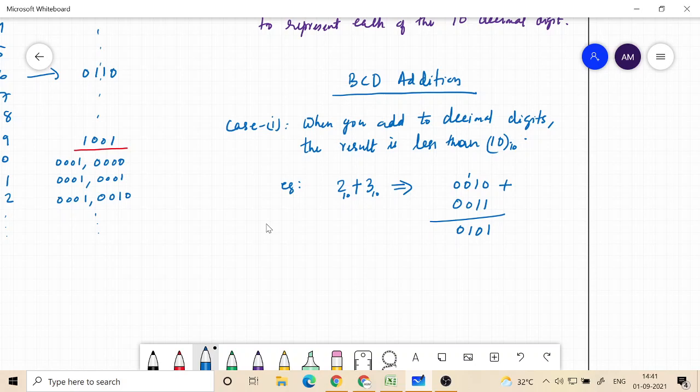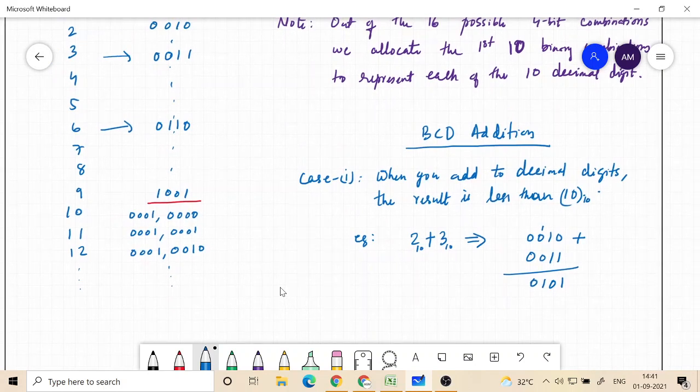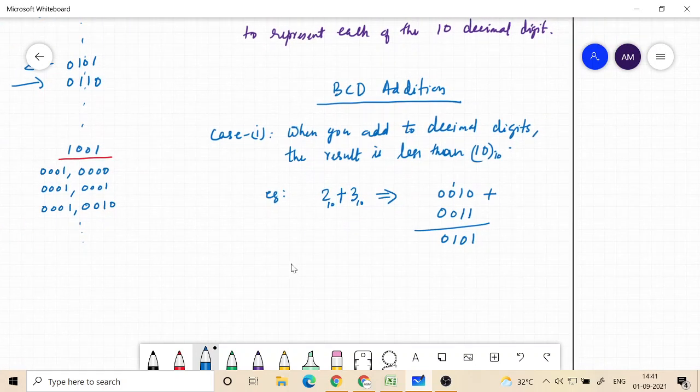If you look at it as a BCD code, 0101 is here. So that is 5. Okay, so we don't have any problem. Our result is correct in such cases. In case 1, we don't need to do anything. This itself is the result. It's a correct result, no problem.